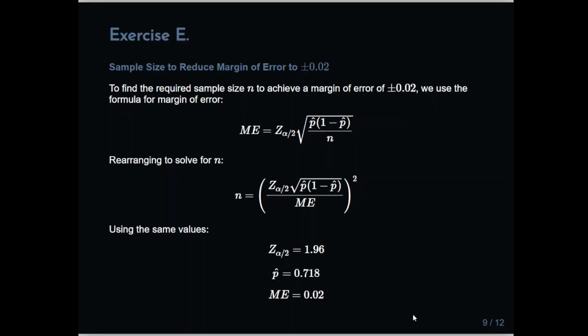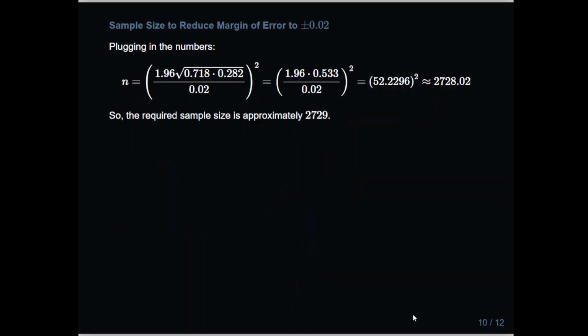Okay. Now it looks quite tricky, but remember we have a lot of set values here, so we just have to use these set values. Our z quantile, z of alpha over 2, equals 1.96, p hat equals 0.718, and the margin of error is 0.02. So when we put all of these numbers in, things start to resolve fairly quickly.